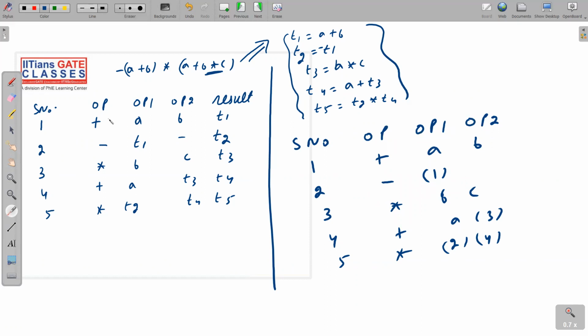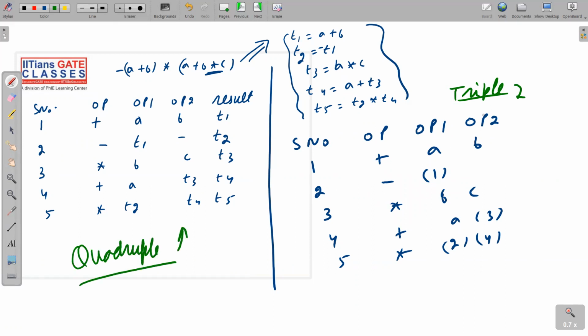Here we have 3 columns and here we have 4 columns. So this is known as triple and this is known as quadruple. I hope I have made the point clear to everybody. Please pause the video and note it down and I will jump to the next slide now.